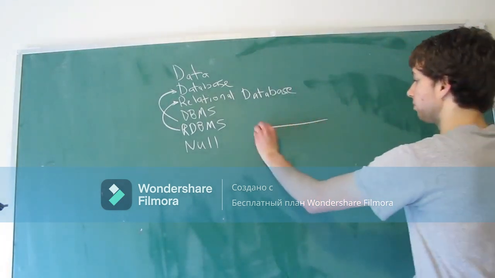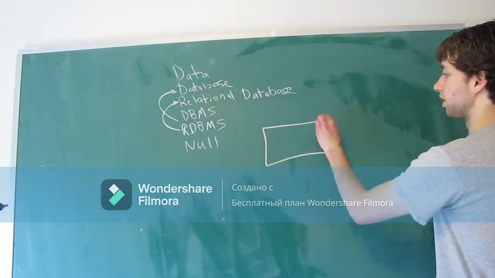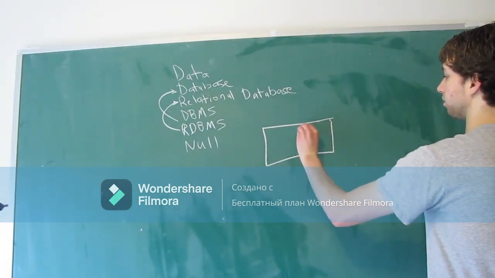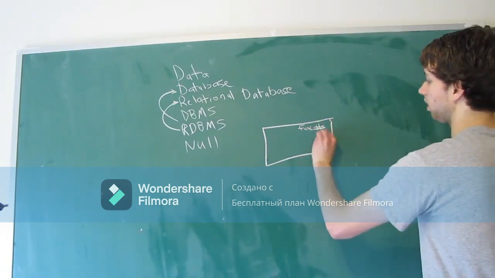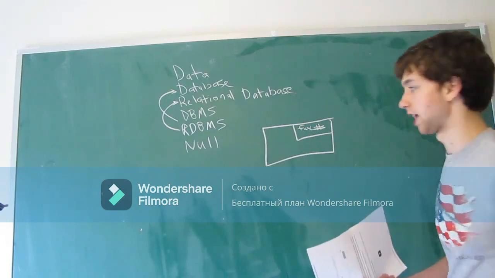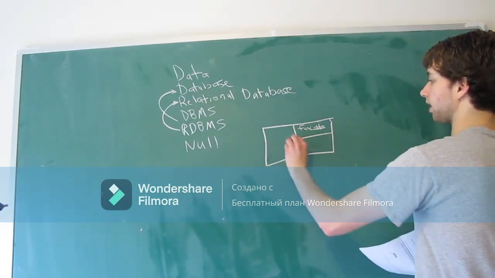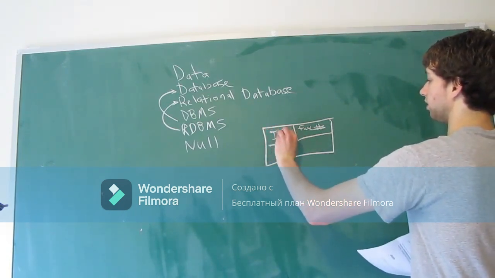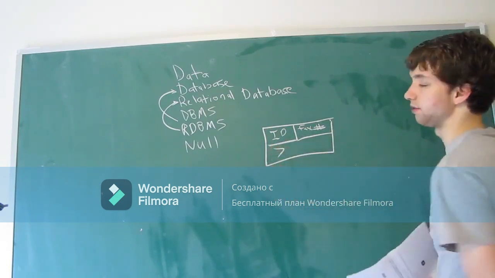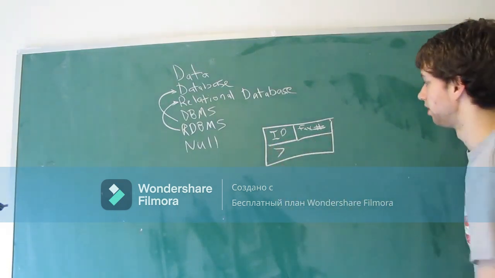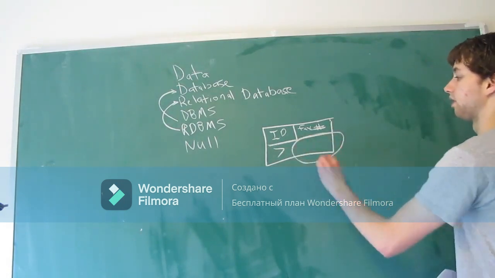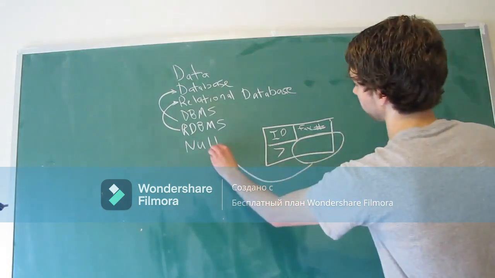So if we have a table and we have something such as fax number, well, not everyone is going to have a fax number. So when we have a guy, let's say we have an ID here, we have a guy with the ID of 7, and we don't have a fax number, this emptiness is said to be null.